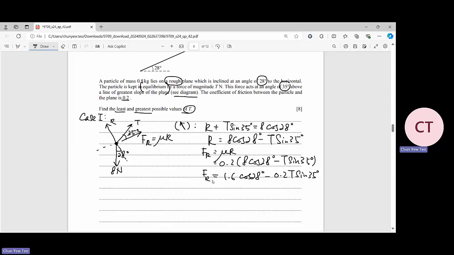That is my F_R. Now, still at case number one, I resolve the forces along the inclined plane.